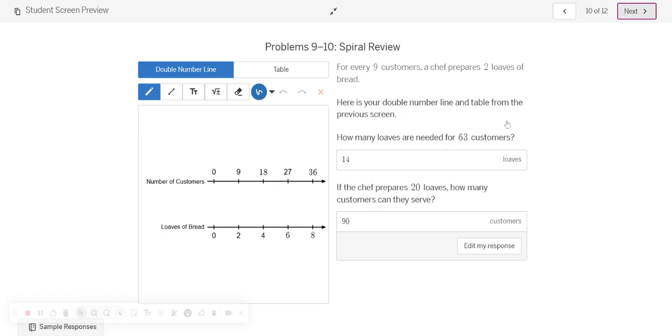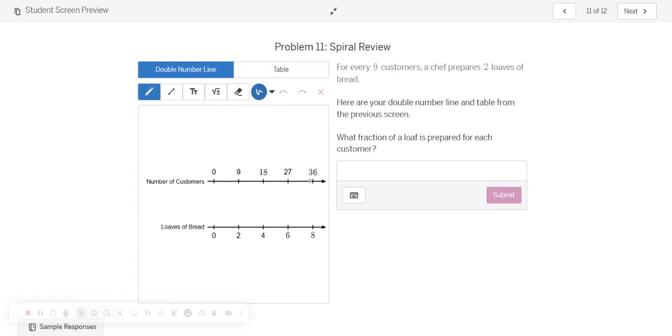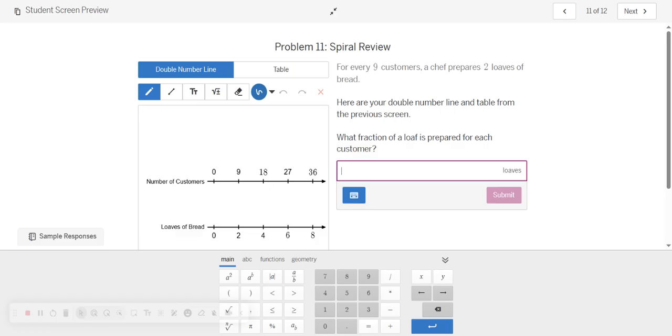Let's check in just a second. 36, here the number. What fraction of a loaf is prepared for each customer? Ooh, wow. Okay, so if it's 9 for 2, then the other way around, if we wanted it per 1 customer, you would end up with 2/9 of a loaf.